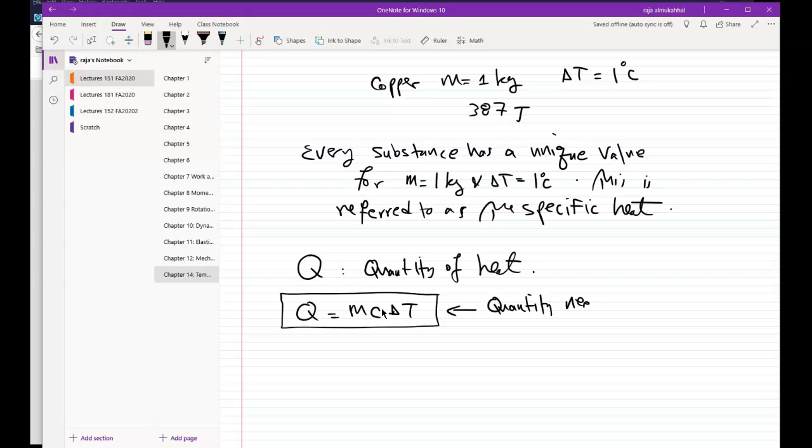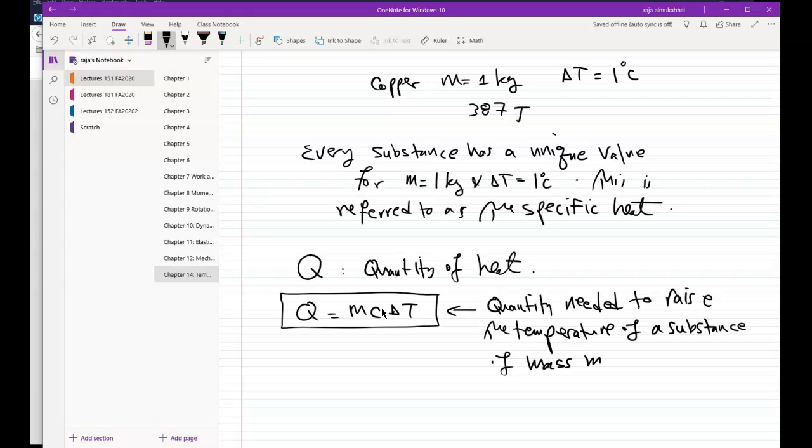Quantity needed to raise the temperature of a substance of mass M from T1 to T2 is of course equal to Q. That amount, that quantity Q, is equal to this.